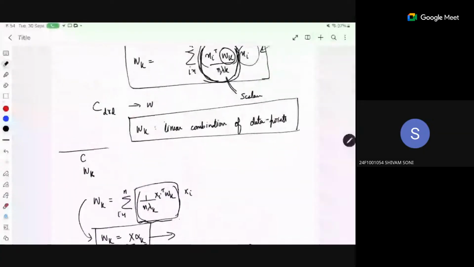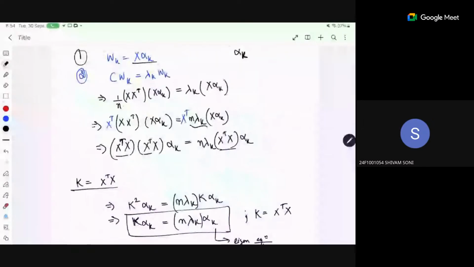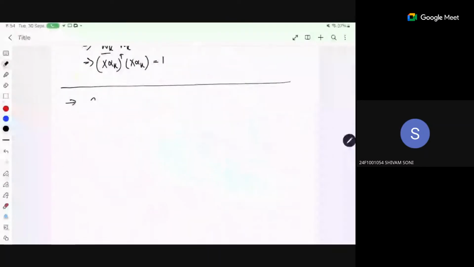We showed this, right? We started with C of WK to be lambda k WK. I will just write what all we did so far. We started with this covariance matrix, and we said, let's say WK, the kth eigenvector is WK, and CWK is lambda K WK.